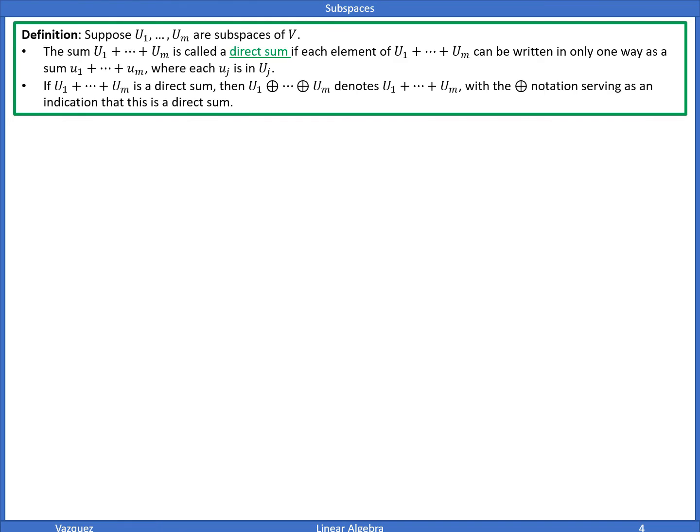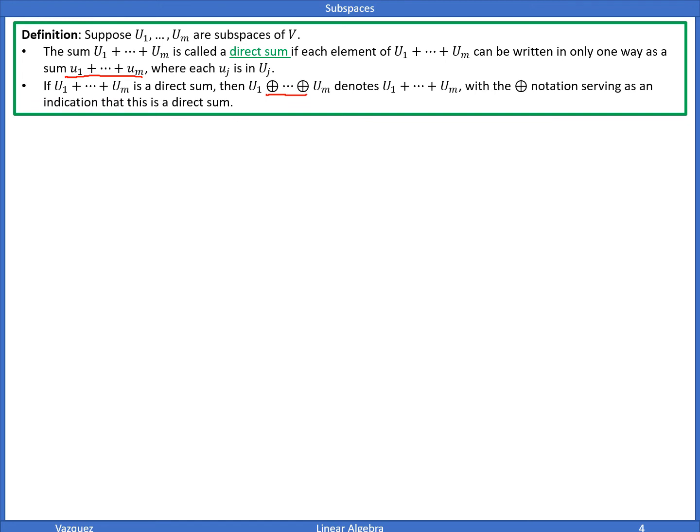So suppose U1 all the way to UM are subspaces of V. The sum of U1 all the way to UM is called a direct sum if each element of the sum can be written in only one way as a sum u1 plus all the way to um, where each uj is in Uj. And if it is a direct sum, instead of just the regular plus, we use the plus with the circle.